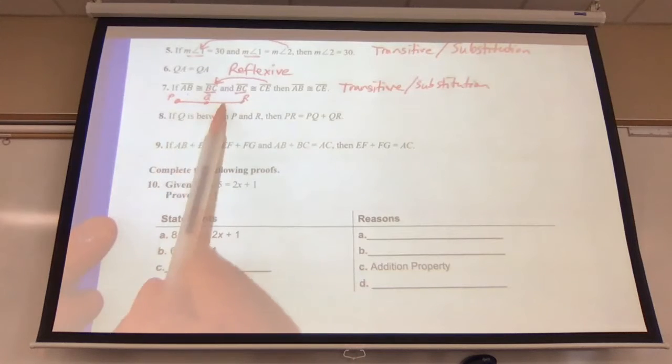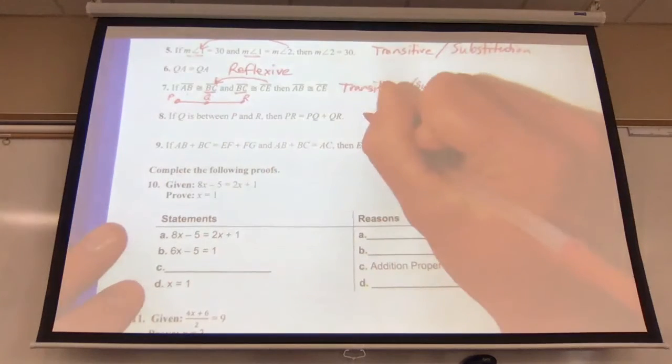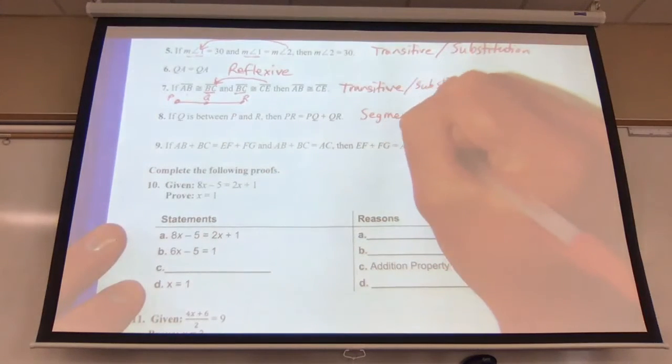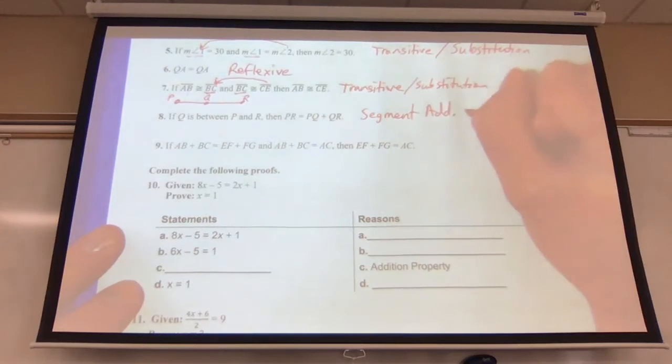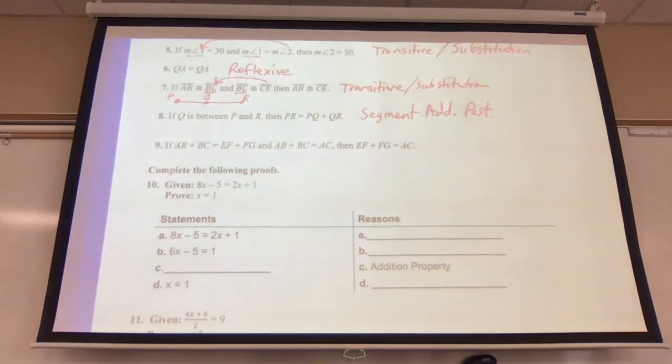This one's saying if you add the two little ones together, you get the entire thing. That is the segment addition postulate. And if they do it with angles, same thing, you could do it with angles. If you have two little angles added together to equal the big one, that would be angle addition postulate.